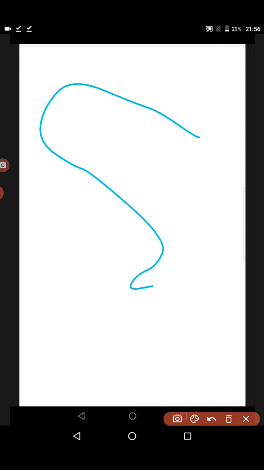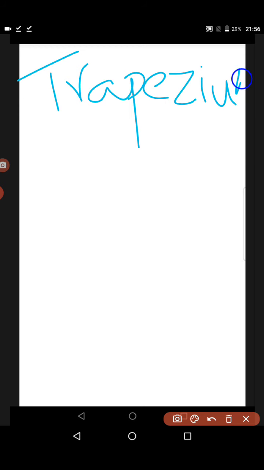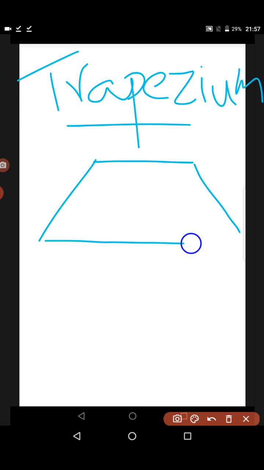So first, let's discuss trapezium. You all are excited to know what this trapezium is, right? Because we are new to this trapezium. Yeah. Trapezium looks like this. I'm going to draw it and show it to you. It is also a quadrilateral.